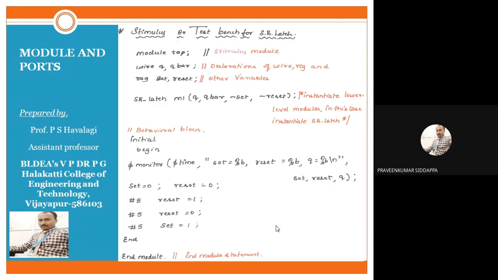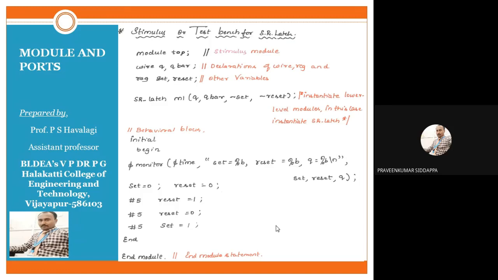Okay. So after that, in your truth table, the second combination is 0, 1. I already applied the first, set equals 0. Otherwise, if you require, you can write it another time, no problem.